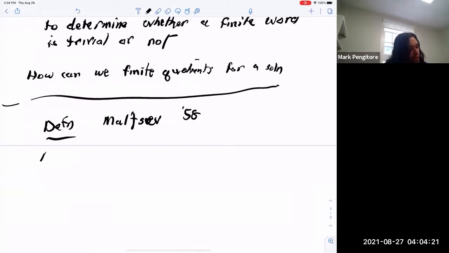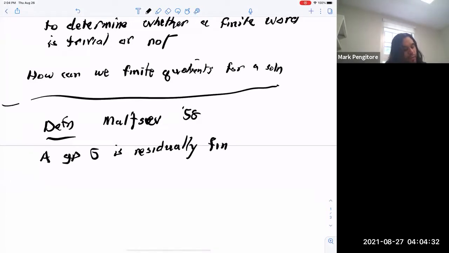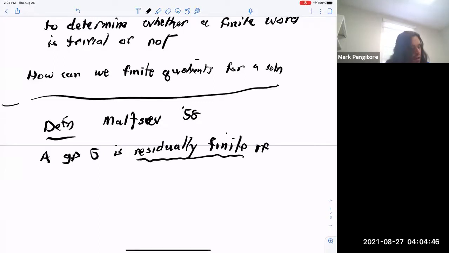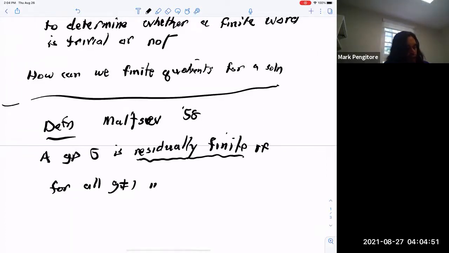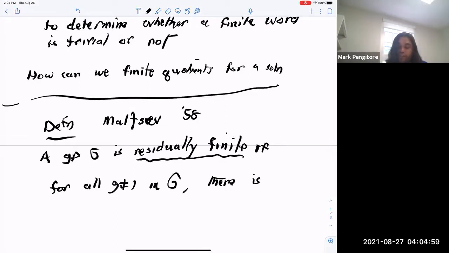So a group G is residually finite. Now, our interest here is in finitely generated groups, but this definition can apply to any group. For our purposes, just assume all of our groups are finitely generated. A finitely generated group is residually finite if, for all non-trivial elements g not equal to 1 in G, we have a finite surjection onto a finite group.